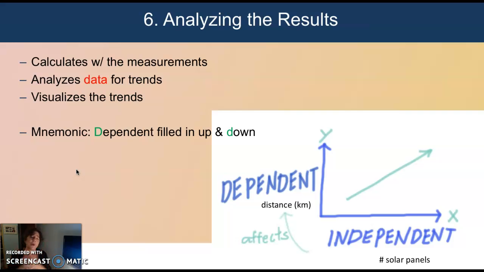When you finally go and analyze your data, there's another whole set of structures that help scientists to understand what you're looking at. For instance, when you go and put it into charts, now your independent variable goes on the x-axis. So for instance, the number of solar panels, 2, 4, 6, 8, goes on the x-axis.